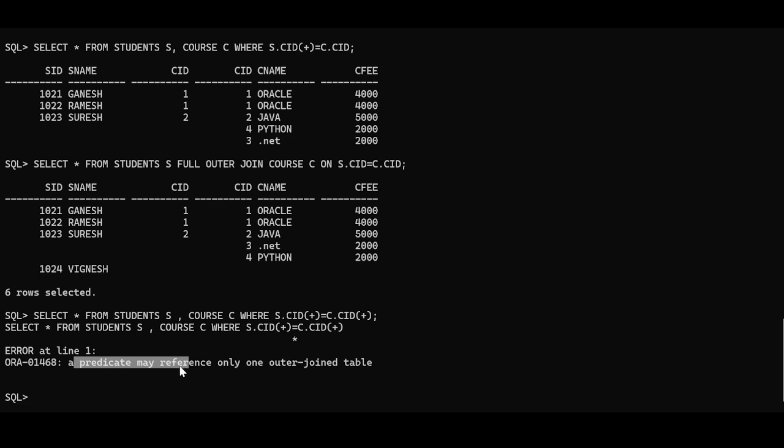Instead of doing this, what I can do is something like this. Take select star from student S, comma, course C, where S dot CID, plus, this is the right outer join, equal to C dot CID.